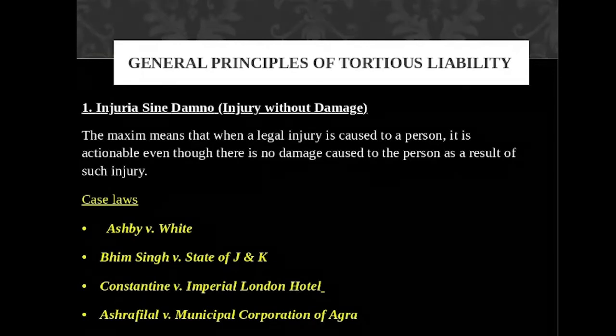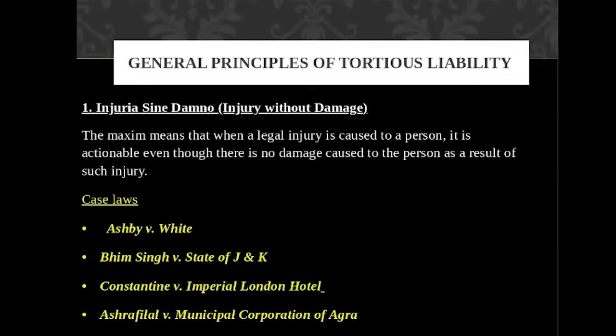Injuria means violation of legal right, sine means without, and damnum means damages in the form of money, health, and reputation. Thus, injuria sine damnum means violation of legal right without any damage to the plaintiff.